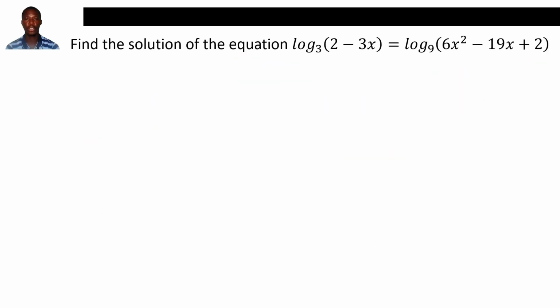Find the solution of the equation log to the base 3 of an expression in brackets 2 minus 3x, and this is equal to log to the base 9 of an expression in brackets 6x squared minus 19x plus 2. Okay, so let's solve our solution.